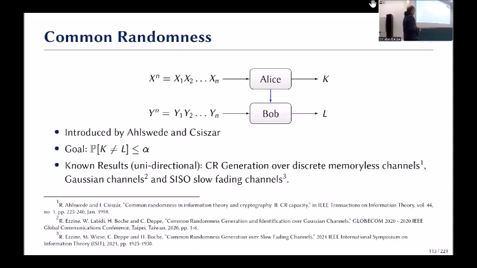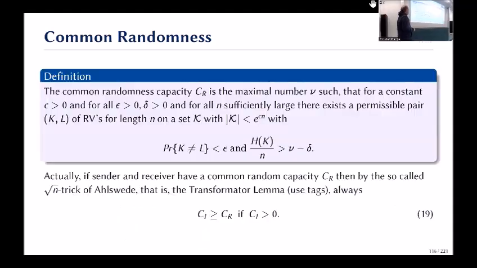So here are some known results, which are already known. And the definition of common randomness is as follows.